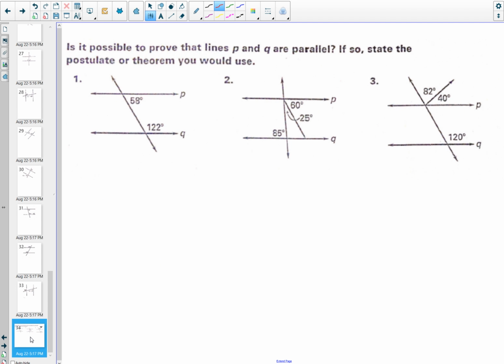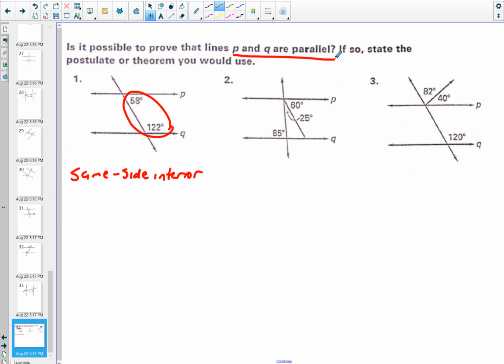Can I prove that these lines are parallel and then say which one? Well, what types of angles are they giving me here? Same side. Good, you can say consecutive interior, you can say same side interior. In order to use same side interior to prove that lines are parallel, those same side interior angles have to be supplementary.